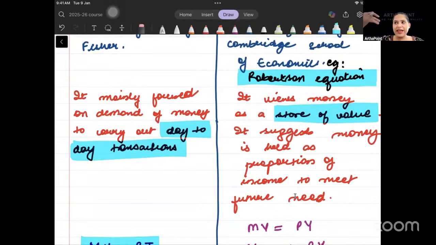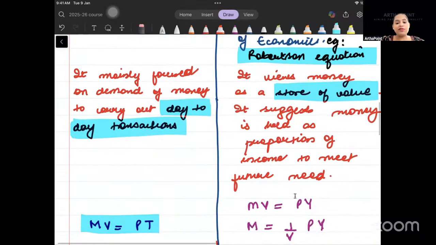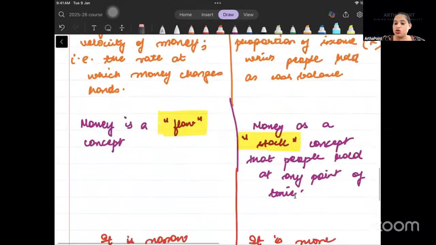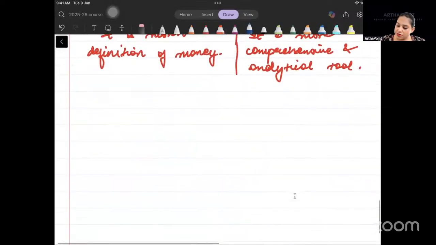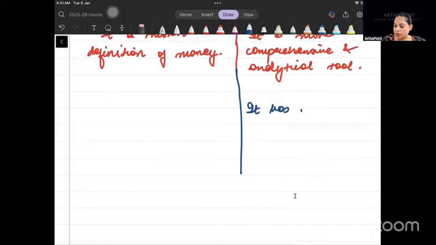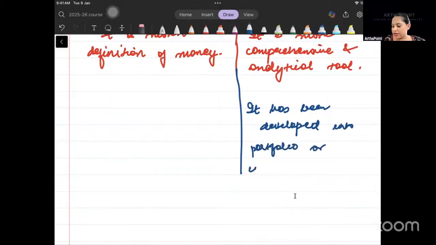It means that when I create my portfolio, in which I will include shares, debentures, mutual funds, money is also an item of my portfolio, right? So we can say that this has been developed into portfolio or capital theoretic approach.